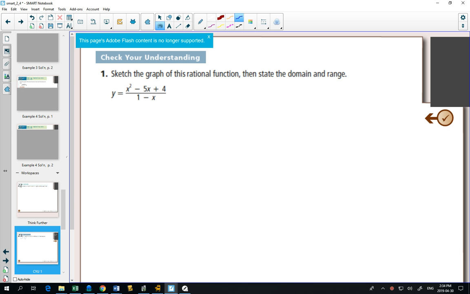So we start step 0 by factoring. Does the top factor? Yes, it does. Ooh, but this is going to be nice. They added some extra interesting stuff. We have a non-permissible value.